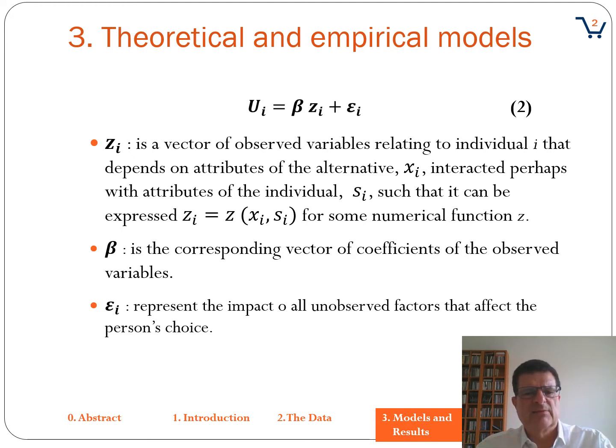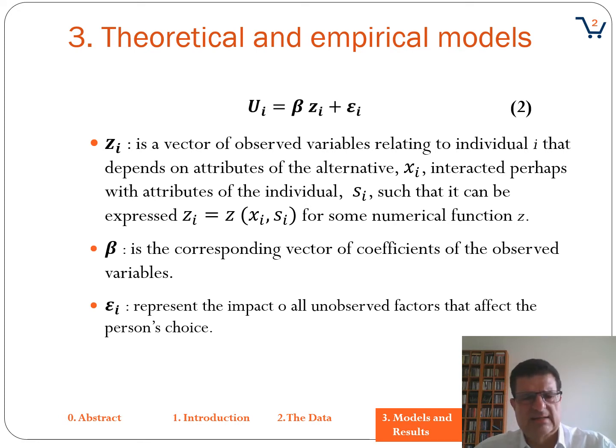In the sample, z_i is a vector of observed variables relating to the individual i, and this vector depends on attributes of the alternative, perhaps interacted with attributes of the individual. So that is something that is well established nowadays in the economics literature.